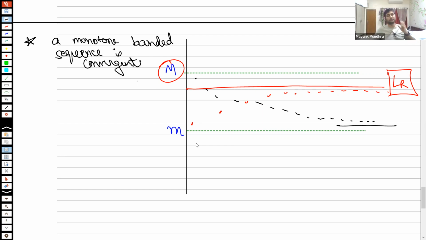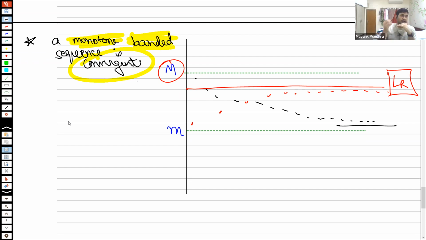You cannot build one. Okay. So a lot of times, if we are looking for whether a sequence is convergent or not, we try to show monotonicity and we show boundedness. We show these two properties, and it automatically implies convergence.